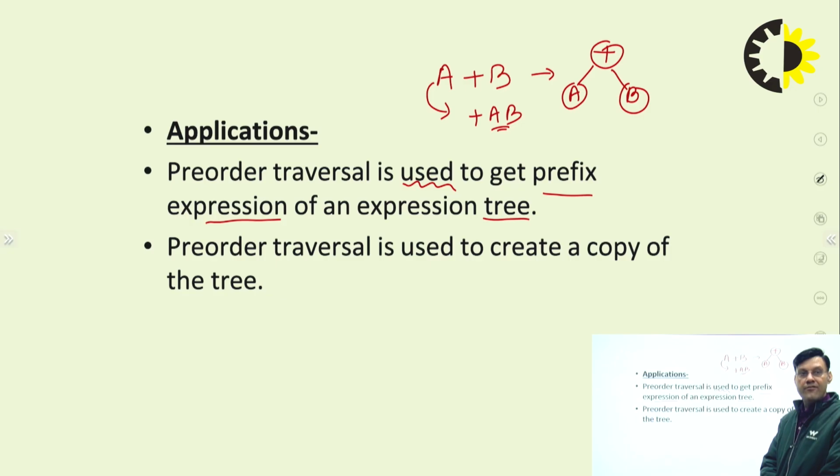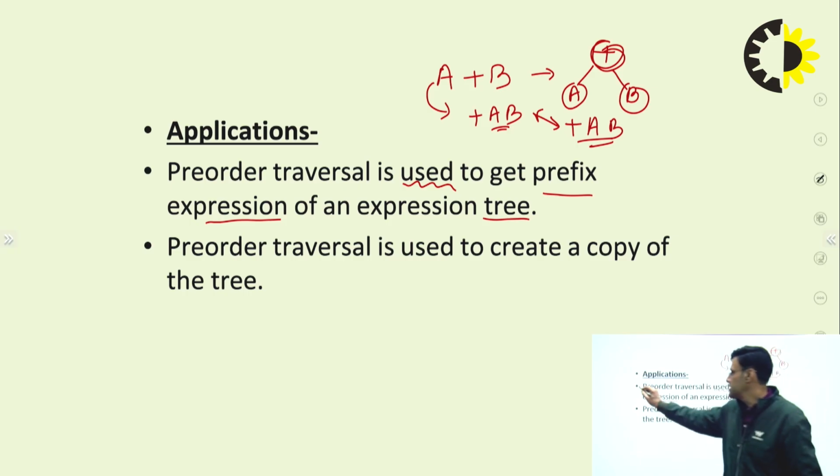If I want to print the prefix of this binary tree, then how will we proceed? This is the root element, we will print the root, right? Then we will proceed towards the left, then towards the right. Am I right? So for the given expression tree, we will get the prefix expression. So this is the first application.